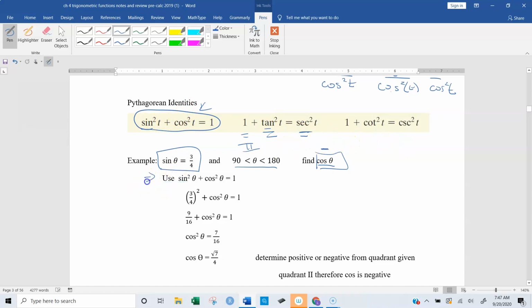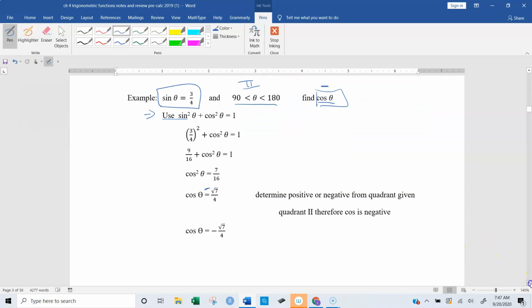So this is the one we're going to use. I plug in the sine. Now it's just solving. So you square 3/4 and you get 9/16. Subtract it, take the square root, and you're done. Now I know my cosine has to be negative, so I use the negative value of the square root, and we are finished with that problem.